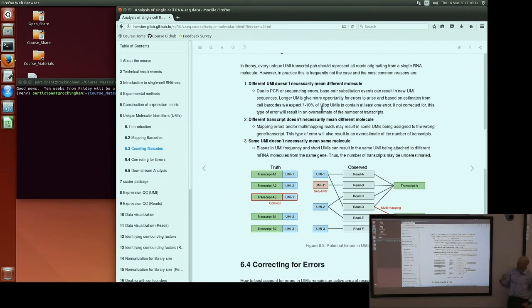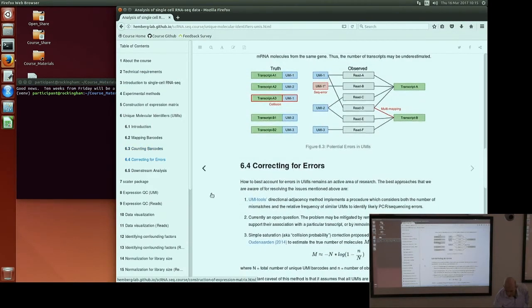There's a sequencing error in your barcode, which means that what really was the same molecule, you think are 2 different molecules. So that means that you overestimate the expression of that molecule. So we can try to correct for that in various different ways.